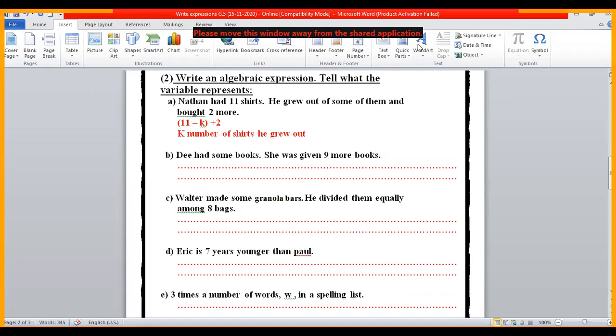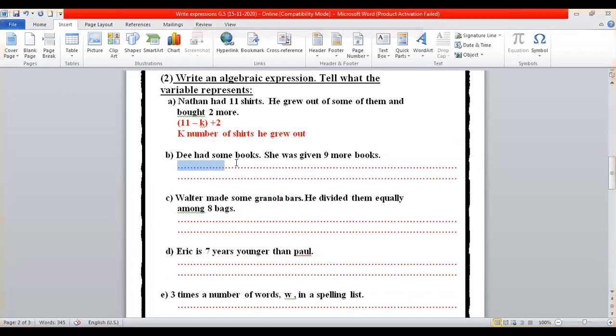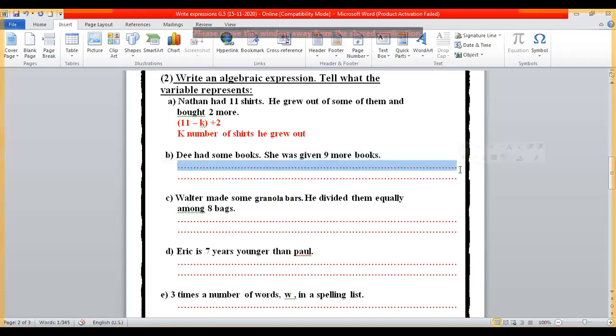The next one. D had some books. She was given 9 more books. Tell me the expression.